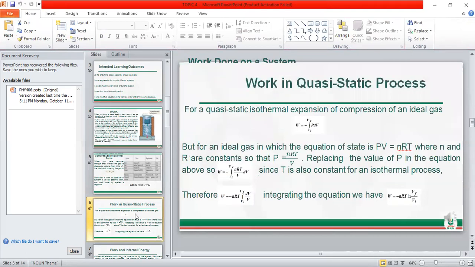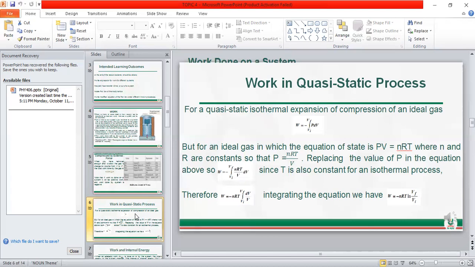I guess you get that because of time. Let me just proceed. I said, now, it's another survey now. I said, work in a quasi-static process. For a quasi-static isothermal expansion or compression of an ideal gas, the work done is given as that. Now, the question is, what is the meaning of quasi-static?